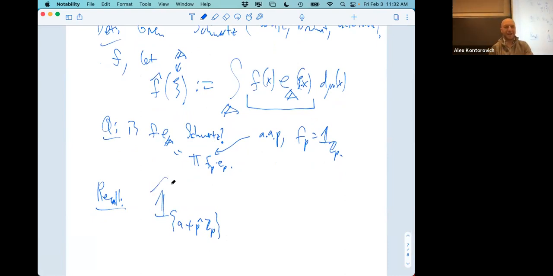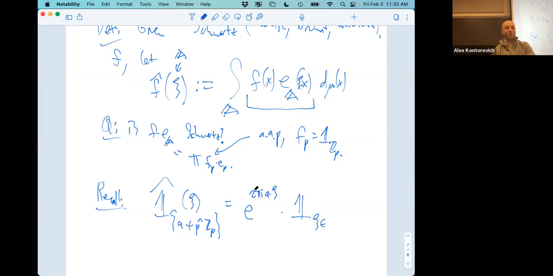If I take this indicator function and take its Fourier transform at ξ, you remember what we get? There's the negative version: e^{2πiaξ}. So there's a character times the indicator function of ξ being in a + p^{-n} Z_p.